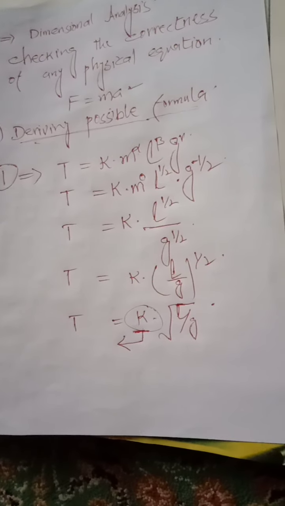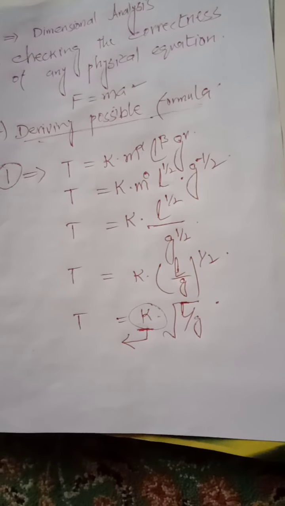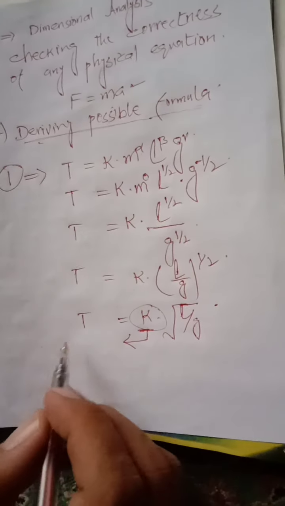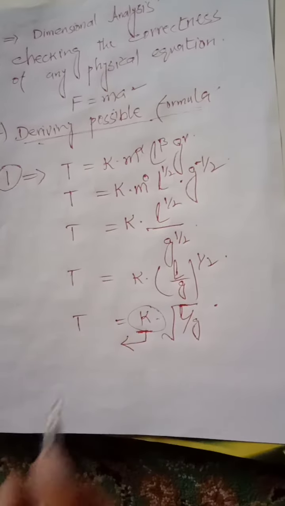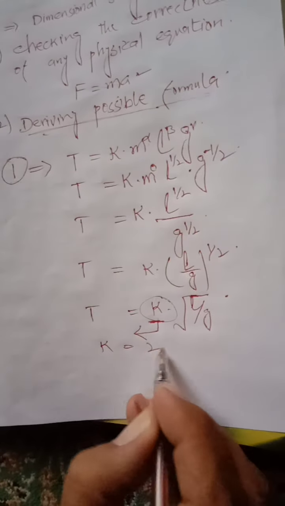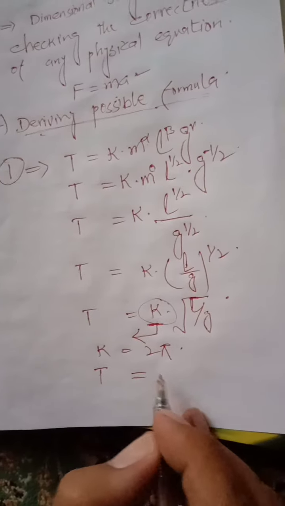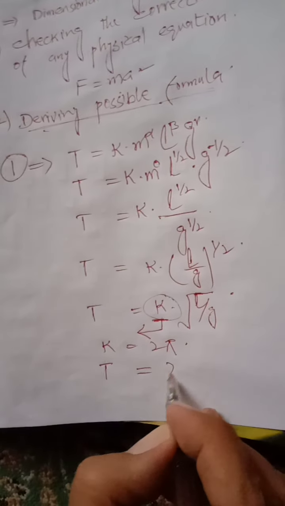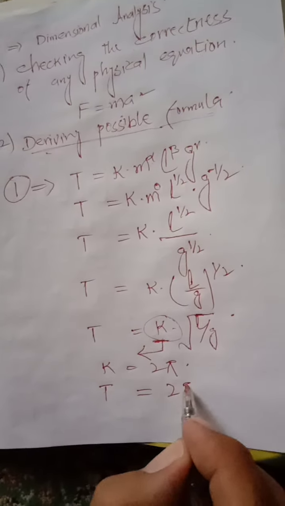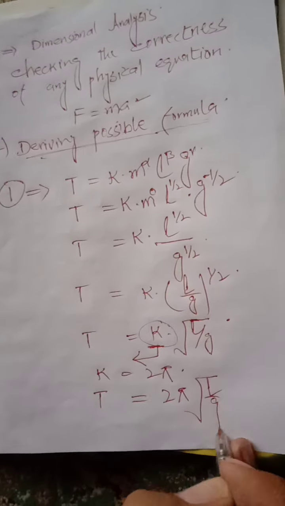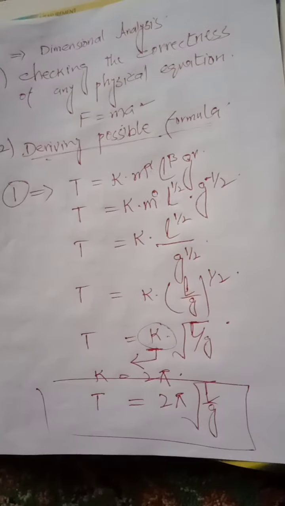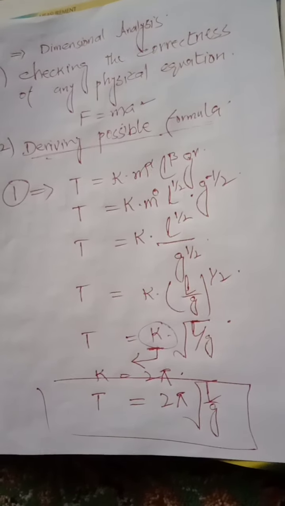But experimentally, the value of this k is 2 pi. By putting k equal to 2 pi, we finally get T is equal to 2 pi whole under root L by g, which is the formula for calculating the time period of a simple pendulum.